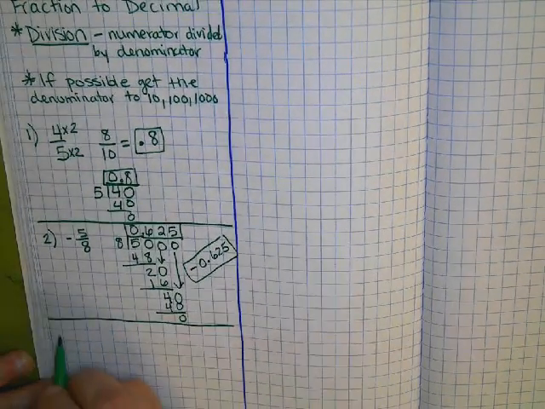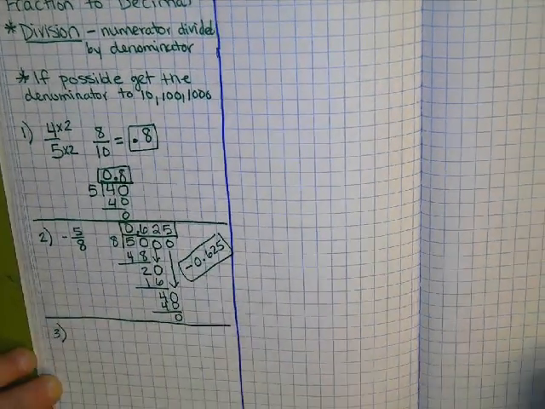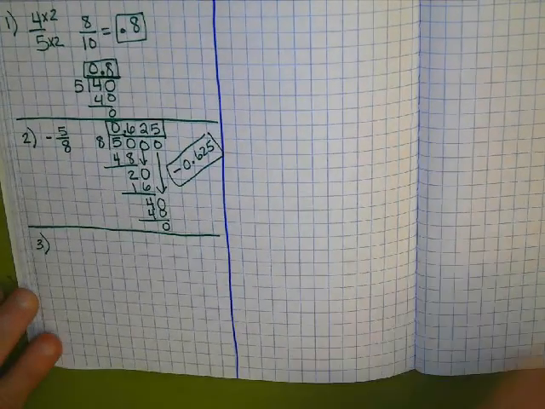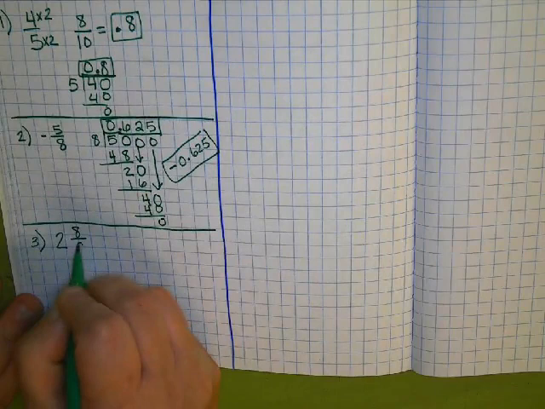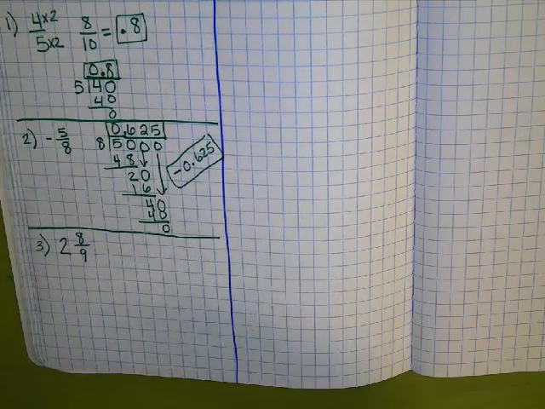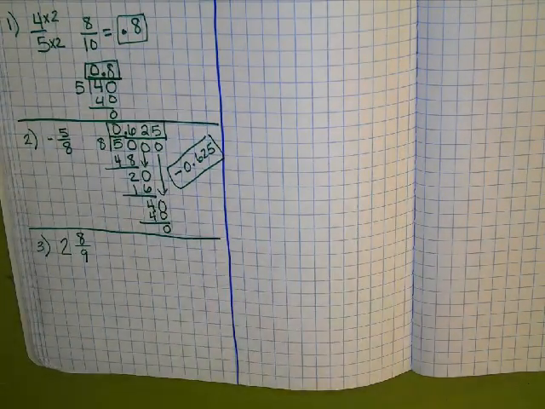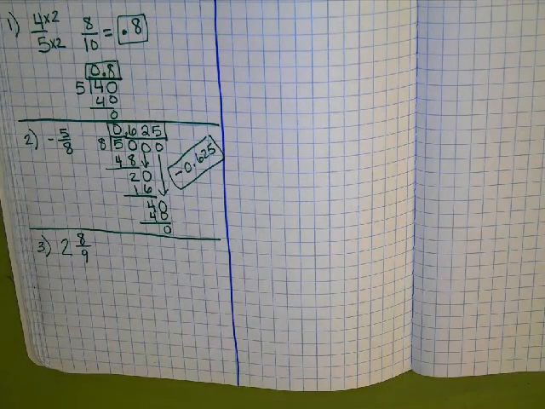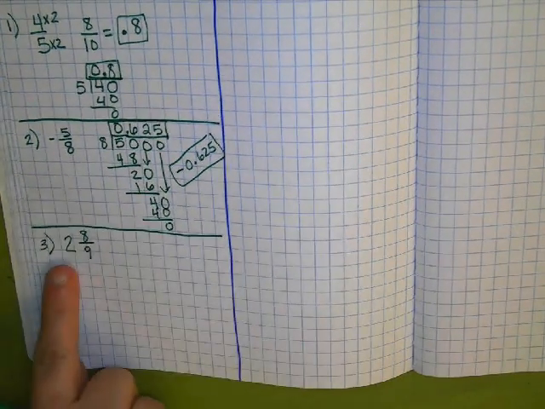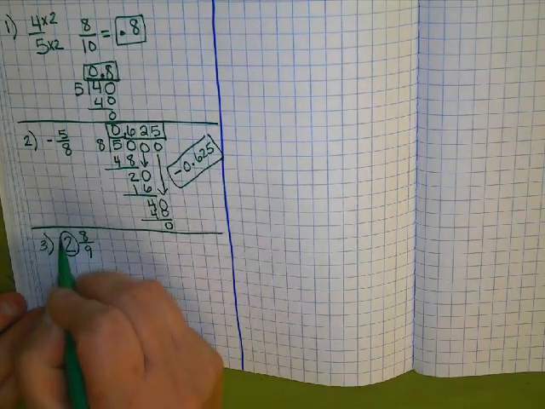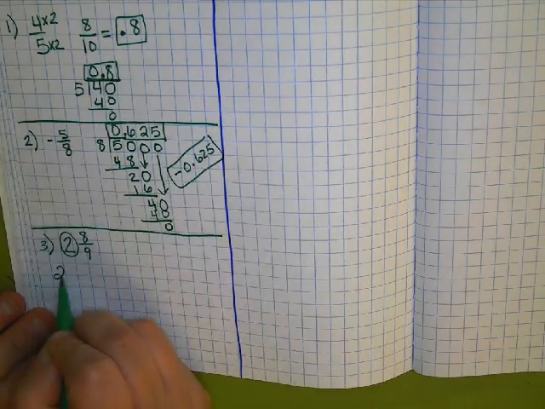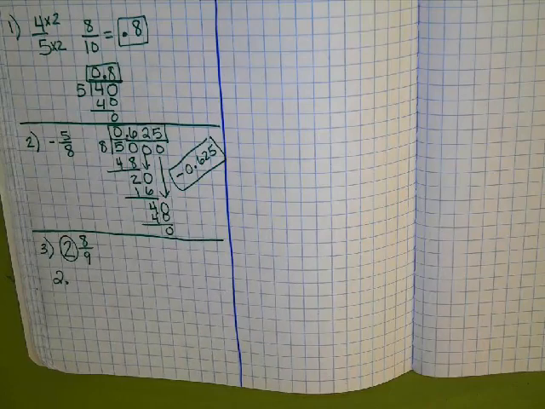All right, let's look at the third one. We're going to change 2 and 8/9. If you want to pause and try this one, you can. Now, we can't forget this whole number, but we know that it's 2 and 8/9. So we're going to have 2 and something point something.